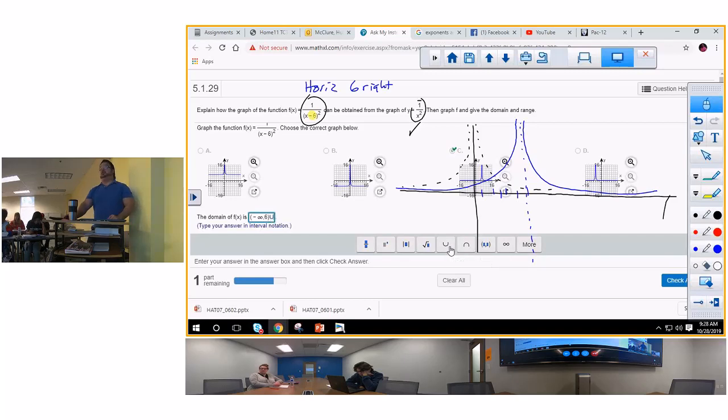So mostly everything's a union unless you have an overlap. Parentheses, 6, comma, infinity, close parentheses.